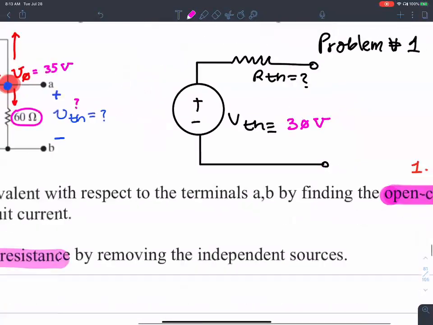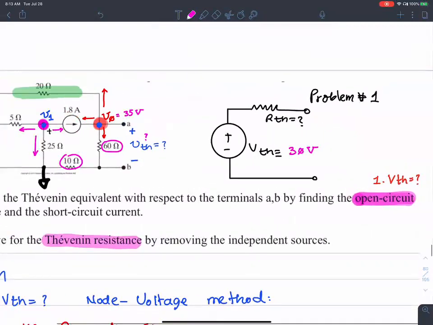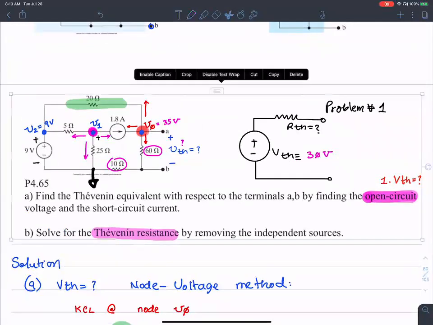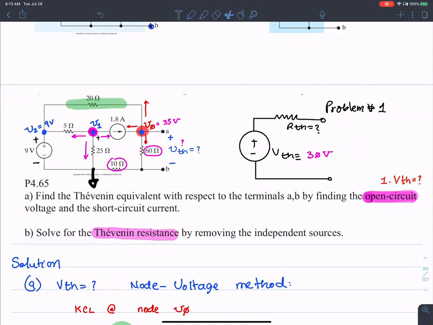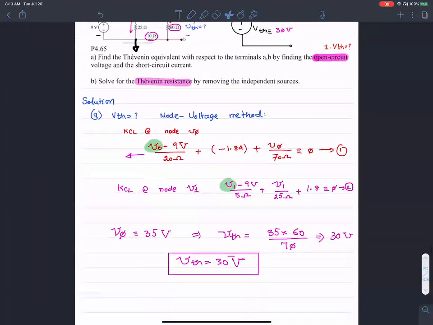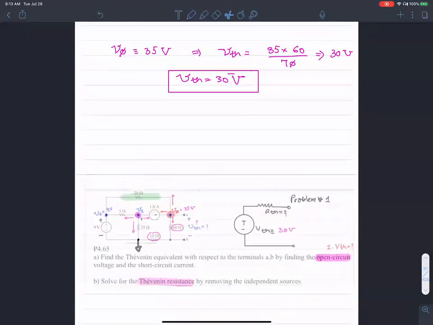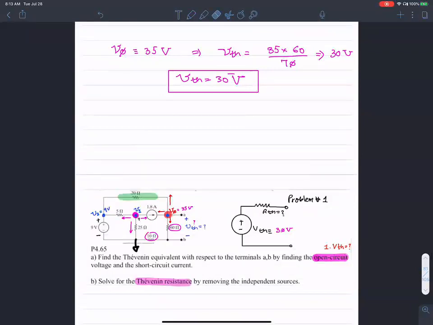Now it's about finding R Thevenin. In order to find R Thevenin, let me copy this circuit, paste it, and clean up all of this.